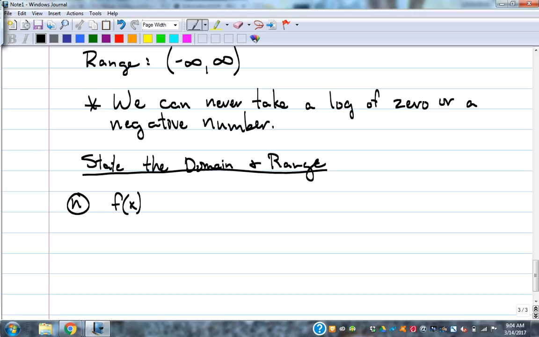Here's our function, log base 2 of x plus 3. So this is not just log base 2 of x, it's log base 2 of x plus 3. So what we have to do when we're talking about a domain is think about, all right, generally the log domain is only of positive numbers. We're taking the log of x plus 3. What makes x plus 3 positive?